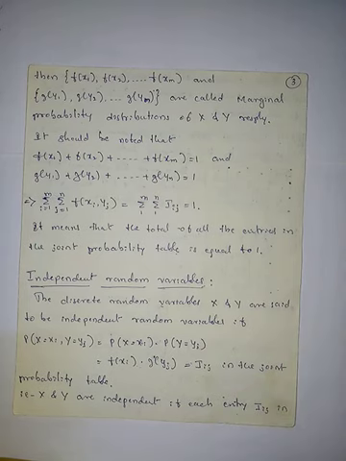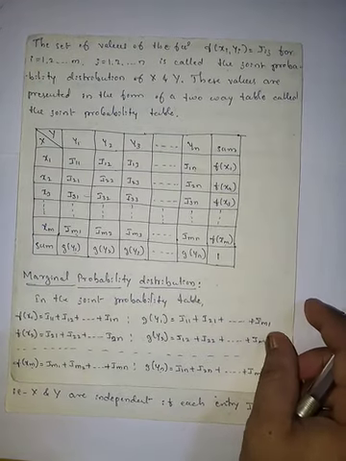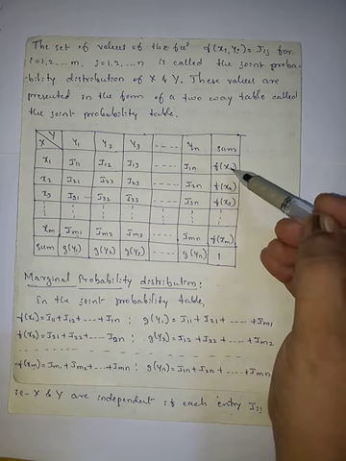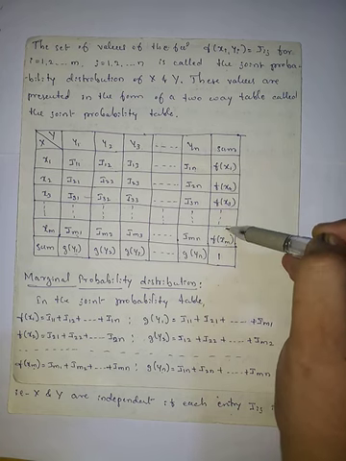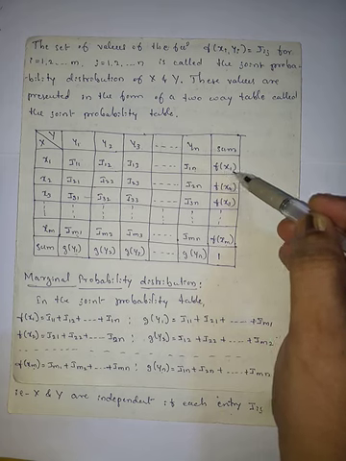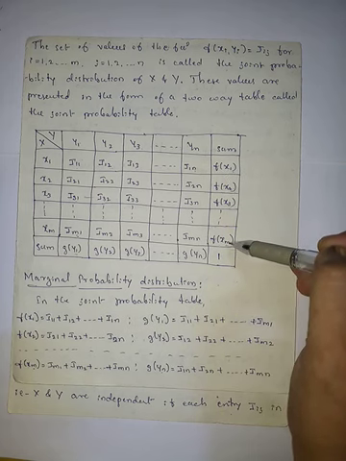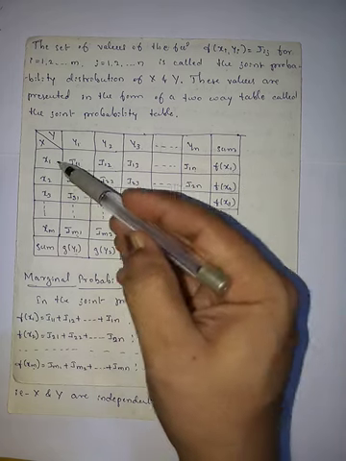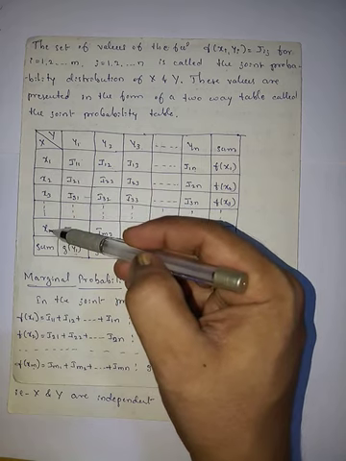Looking again at that table, in this joint probability table, the sums f of x1, f of x2, f of x3, and so on up to f of xm are called the marginal distribution of x.